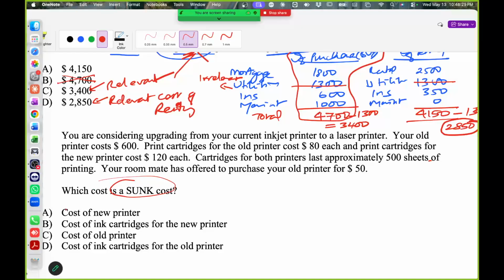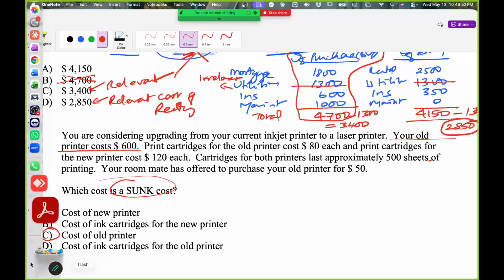Sunk, dead cost. Cost of old printer. That's it. You paid 600 and that's it. You should not say, oh my god, I paid 600, I'm getting only this much.